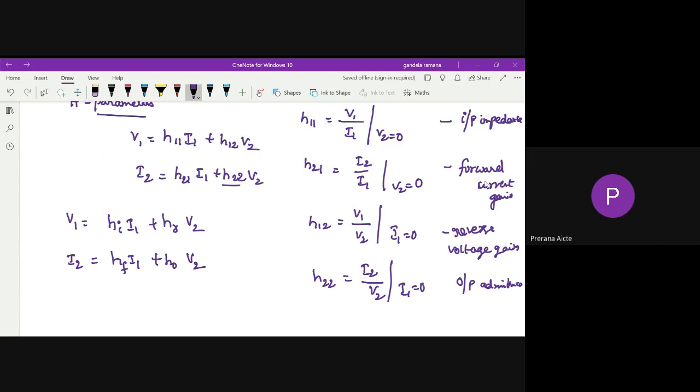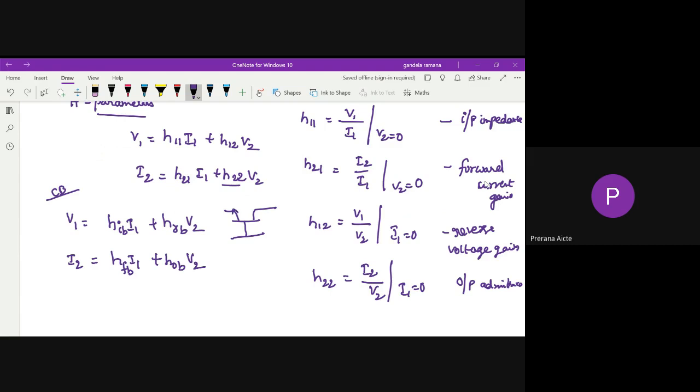So when we are using CB configuration, you have to write B everywhere. One means input, two means output. So wherever input, here we have to write, suppose it is in CB configuration, common base.